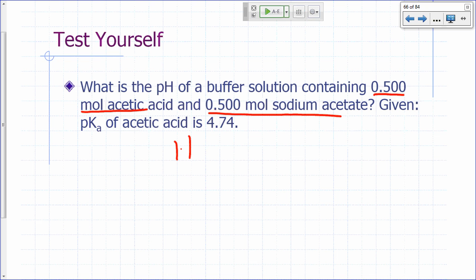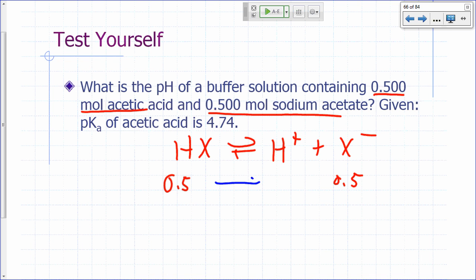So for example, HX, what do we know about HX in water? It gives you H plus and X minus, right? If you start off with 0.5 moles per liter of acetic acid, but you also have 0.5 moles per liter of X minus, then this ionization is going to be suppressed because of the presence of the conjugate base. The same thing goes for the conjugate base.